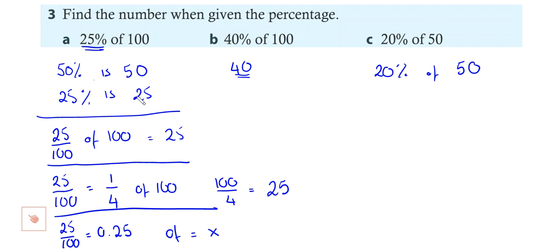Let's come up with some different ways. What do you do? Times each by 2. Okay, so 40% of 100 is the same thing, yeah? Which is 40, not 40%, it's 40. That's one way.